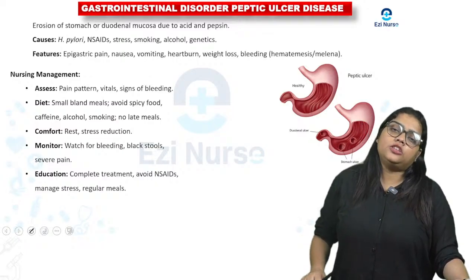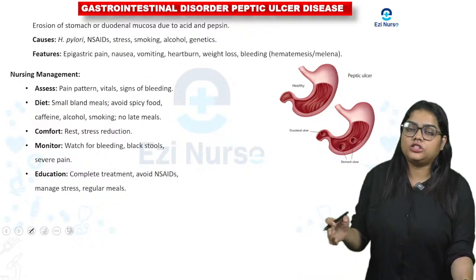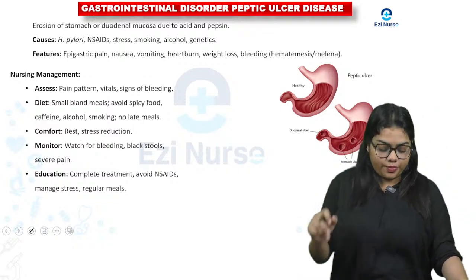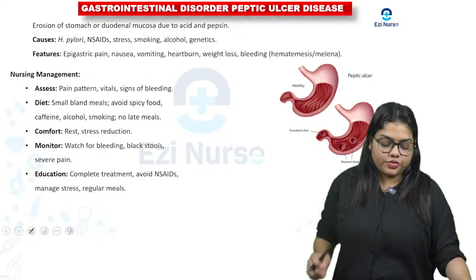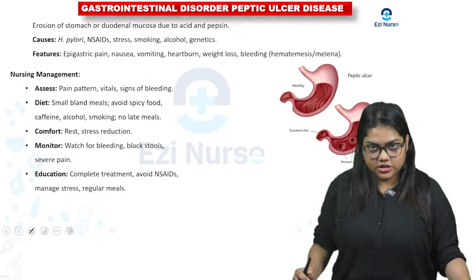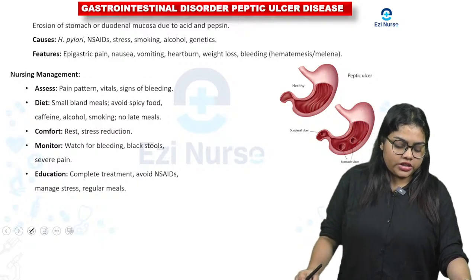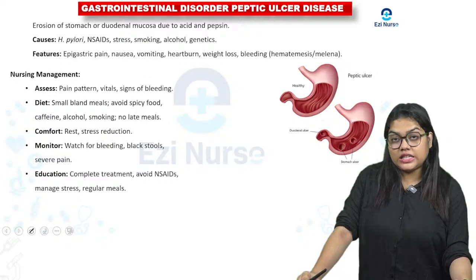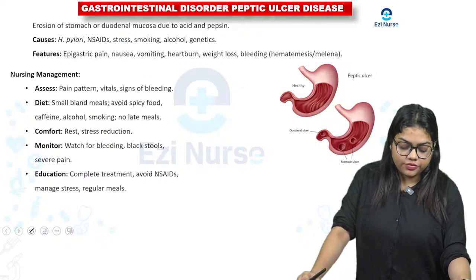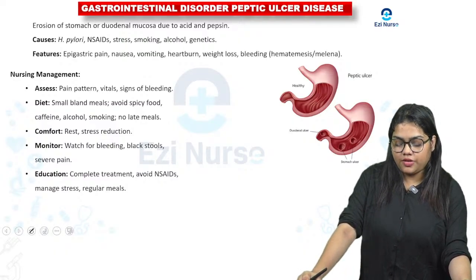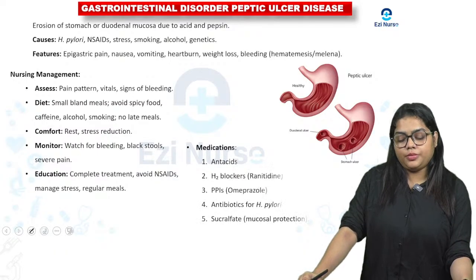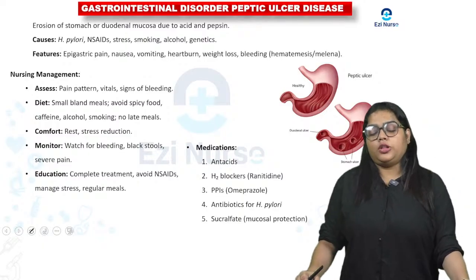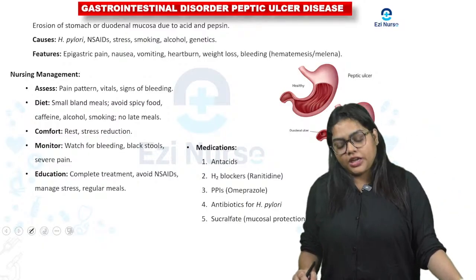Every meal, breakfast, lunch, dinner, has to be taken on time. Next, comfort: we have to give rest and stress reduction for the patient. Monitor: watch for any kind of bleeding, black stools, or severe pain. Education: complete the treatment, avoid NSAIDs, manage stress, and give regular meals to the patient. Now for the patient with peptic ulcer, what are the medications we can give?